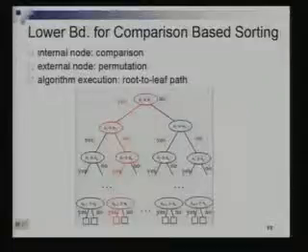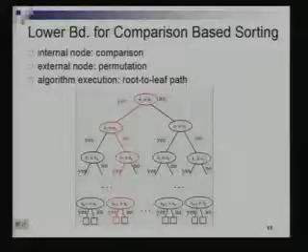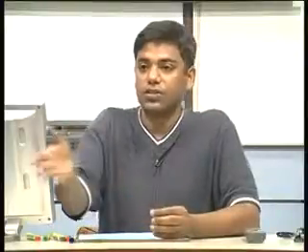Okay, so we are going to understand this in the following way. Let's look at a particular algorithm. Let's say your objects are sitting in some array, and your algorithm works on that array.